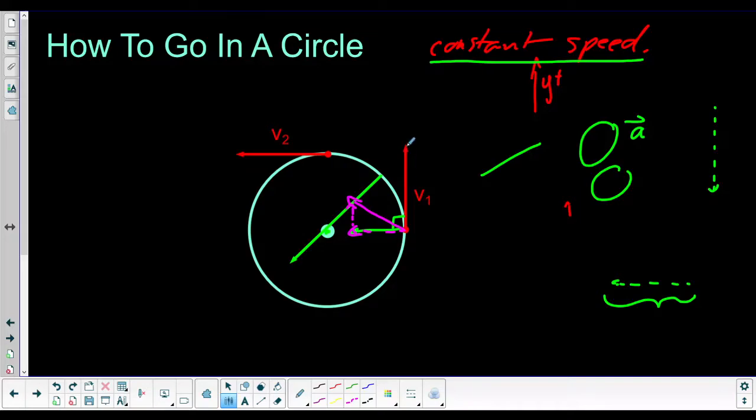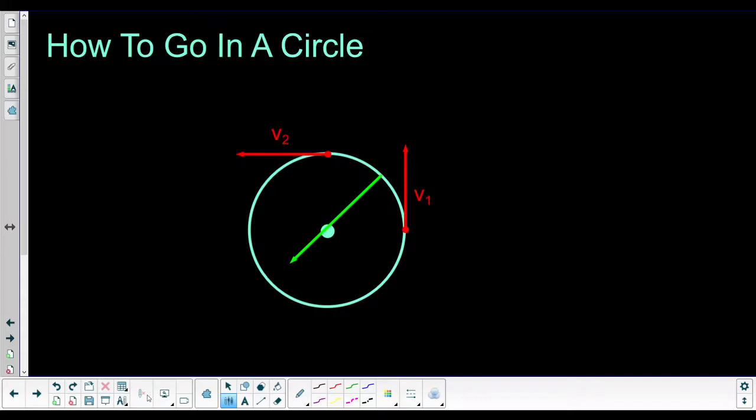So it would add this here, but then it would also make this longer and speed it up. So if it's not pointing perfectly towards the center of the circle, it won't just turn it. It will also change the speed. It'll make it go faster, which is not really what we want. Okay. So the trick to go in a circle is have an acceleration always pointing towards the center of your circle.